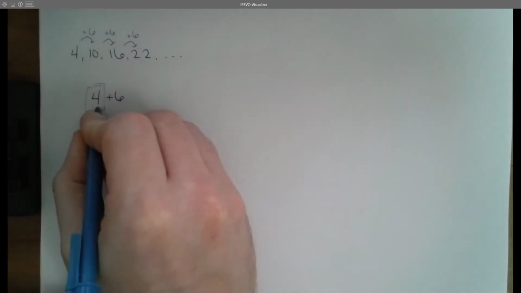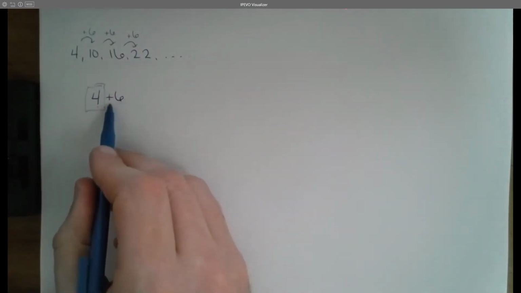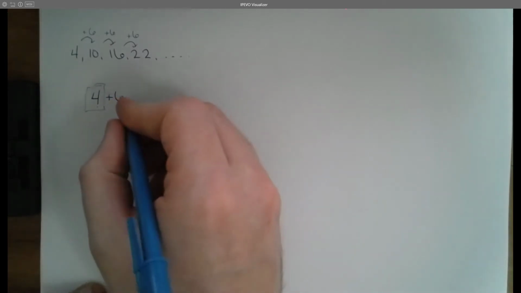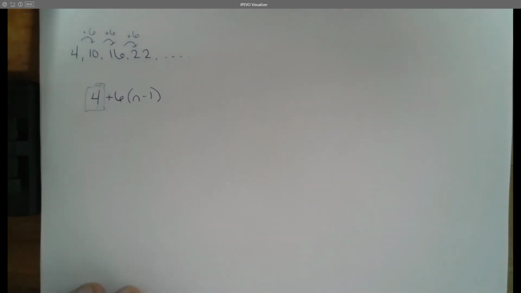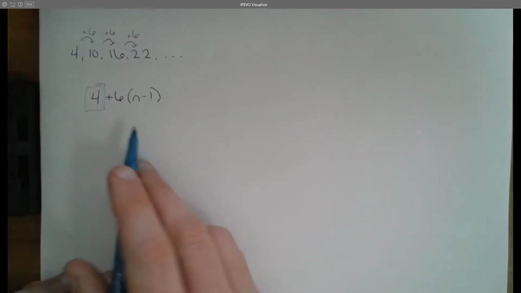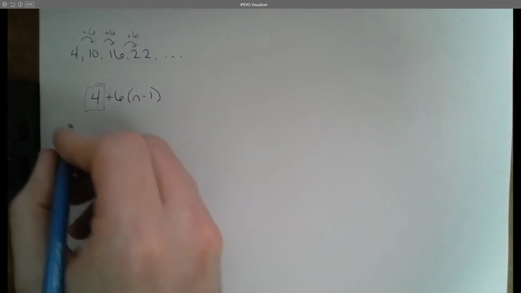So it's 4, our original number, plus 6 times the term number minus 1, which is 1 less than the original term number. This formula that we've just created gives us what we call our general term.